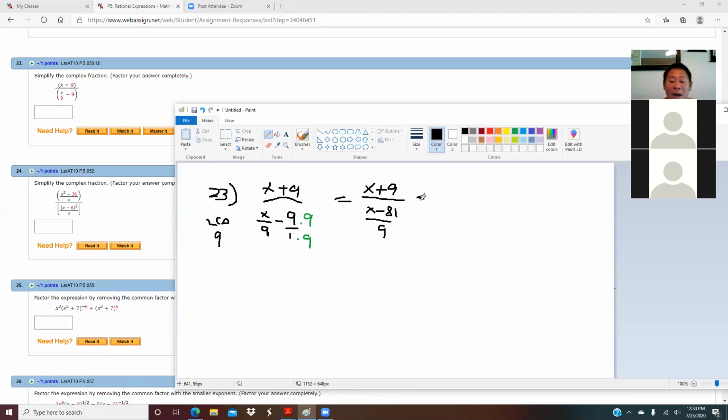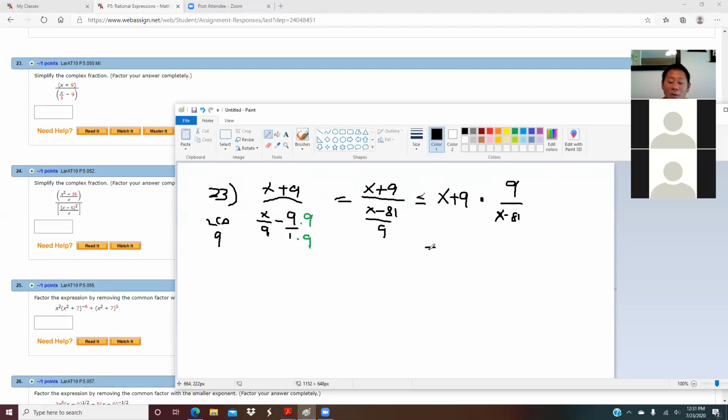And then this is what I just told you before: this division will change to become multiplication. So the x plus 9 is still on the top, but the division will change to multiply, and then you flip-flop the denominator. 9 over x minus 81. And unfortunately, x minus 81 cannot be factored.